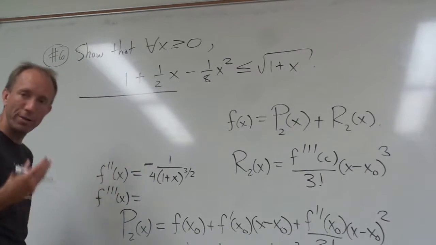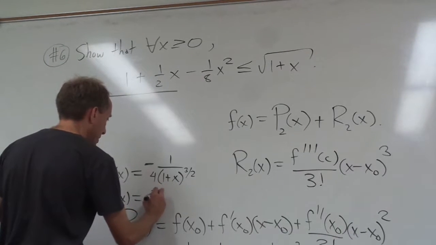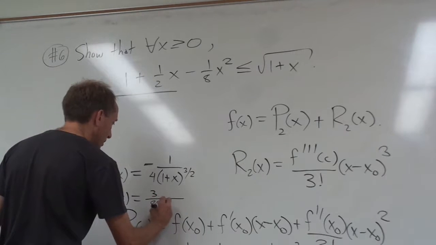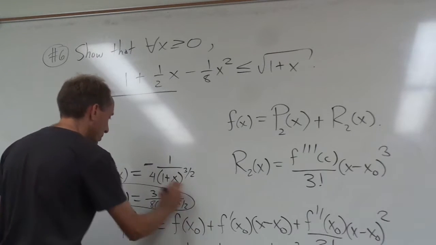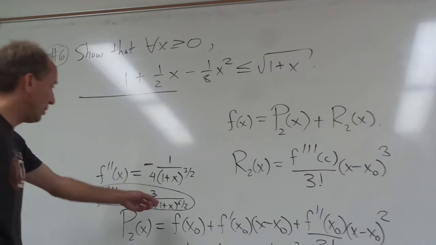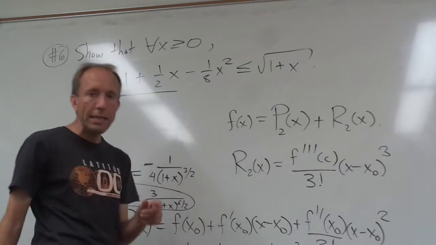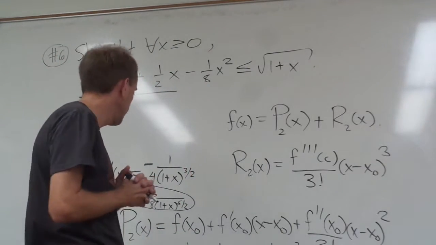If I take a third derivative, we're going to get 3 over 8 and then 1 plus x to the 5/2. So this would be the third derivative of the function, and it's evaluated at c. c is some value between 0 and x in this case.